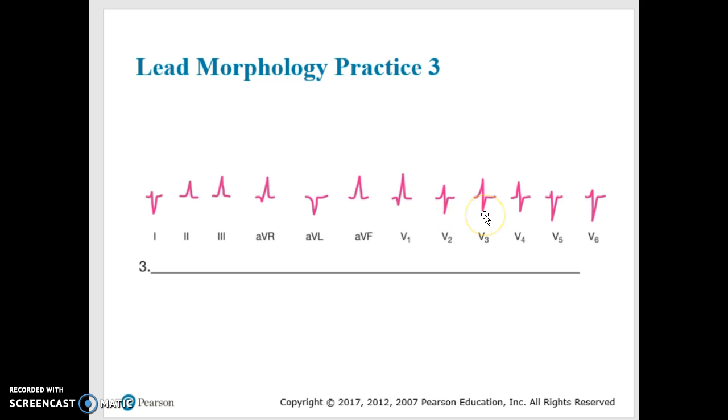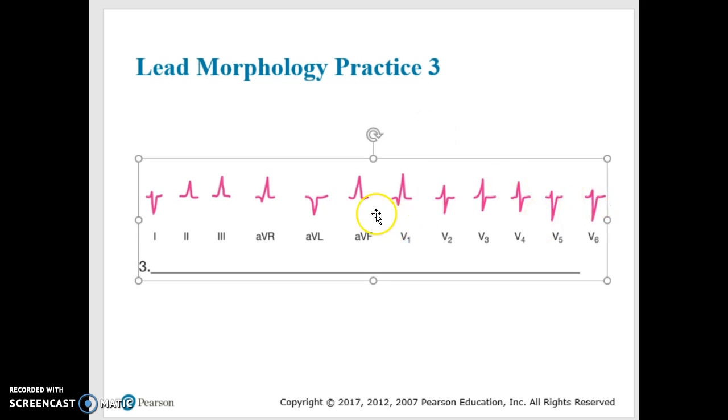V2, all right, V3 is positive, but it should be isoelectric. V4 is isoelectric. V5 and 6, these are negative, and they should always be positive. So practice strip number 3, again, is an abnormal morphology.